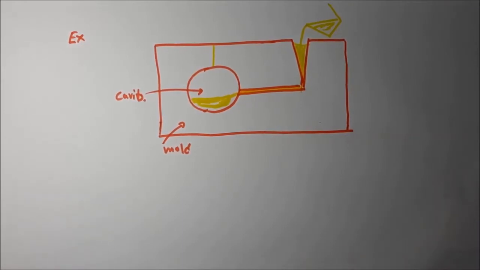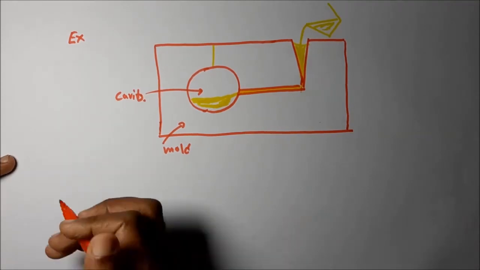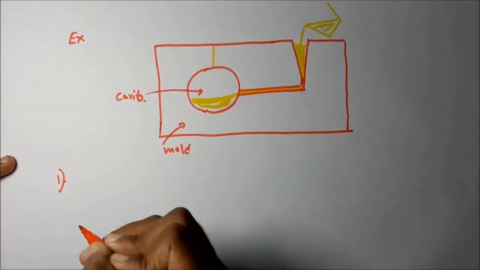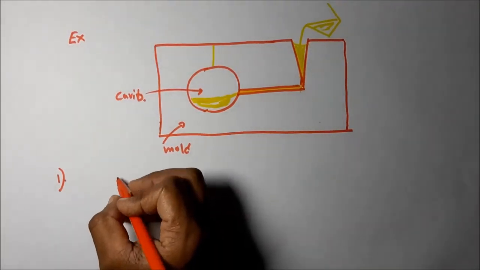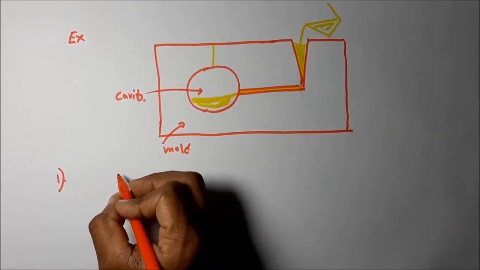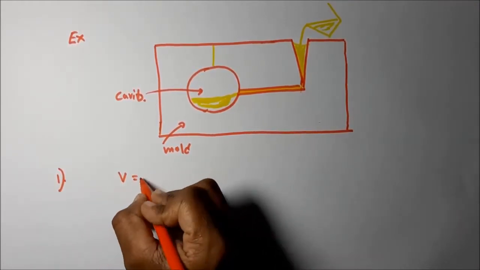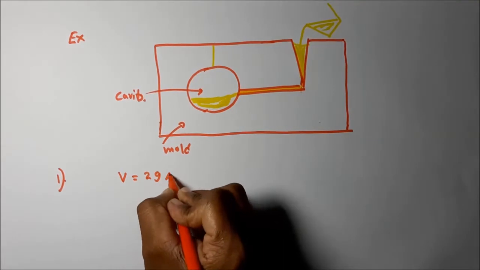Then how to calculate this one? How to calculate the first one? First one is asking velocity of the molten metal through the runner. So we have an equation to determine that velocity through the runner. V is equal to the square root of 2g delta h.